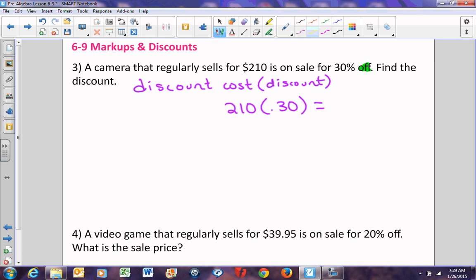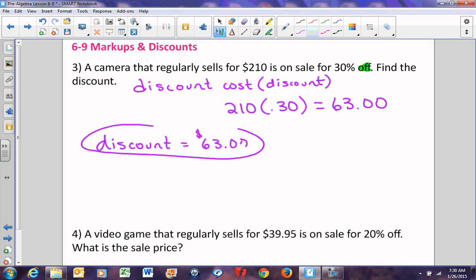So if I take $210 and multiply that by 0.30, I get $63 off. So the discount is $63. I'm going to pay $63 less for the camera, which means I better pay less than $210.